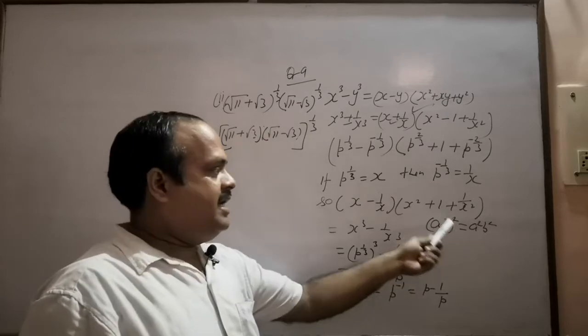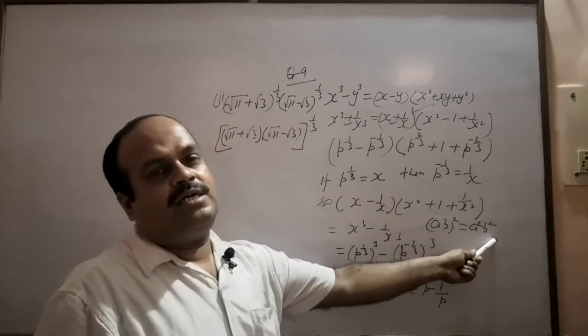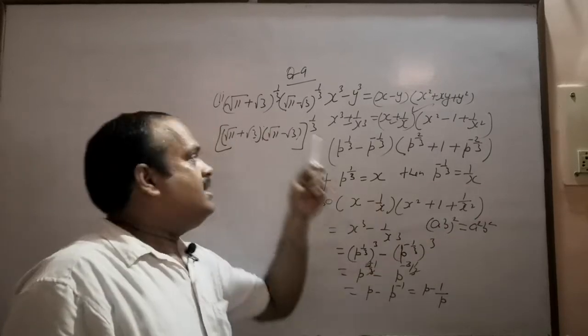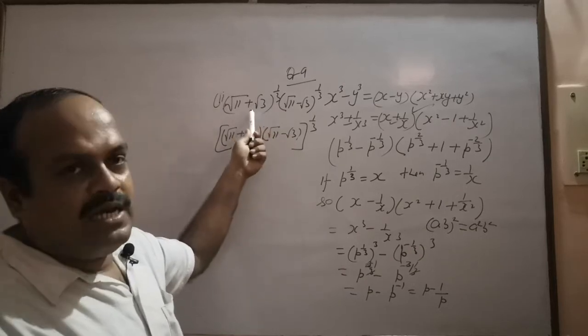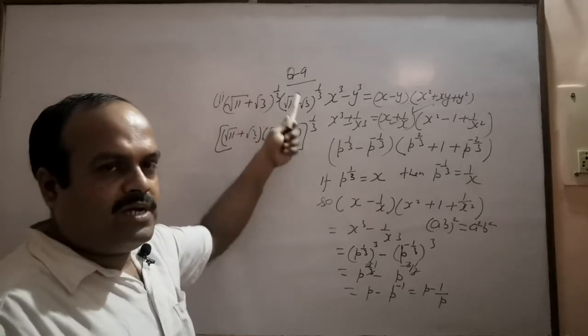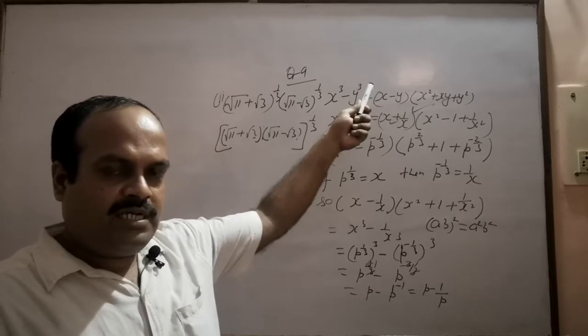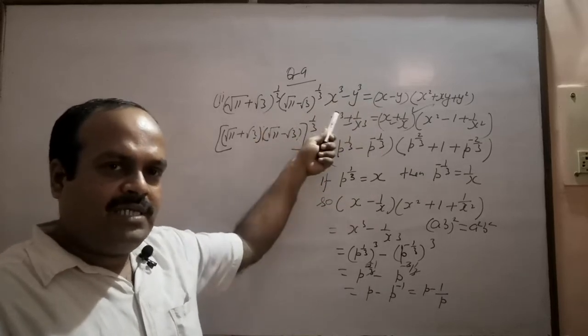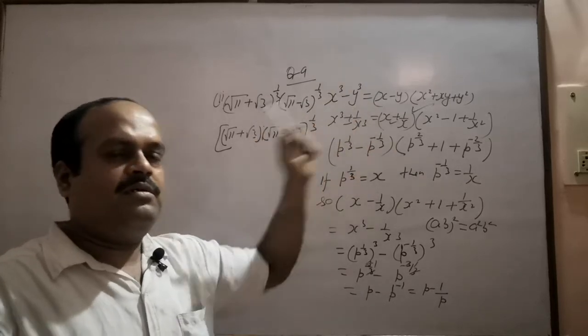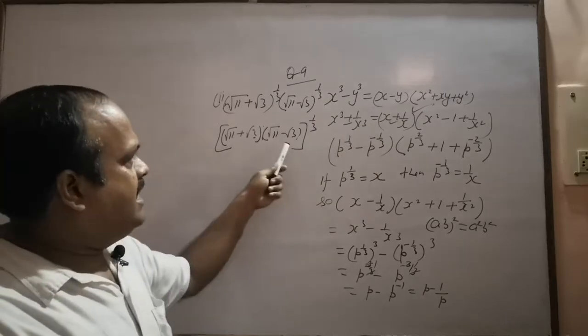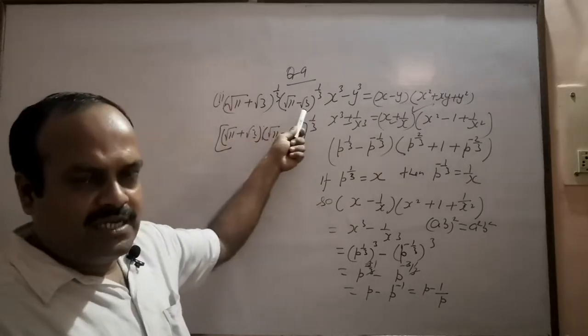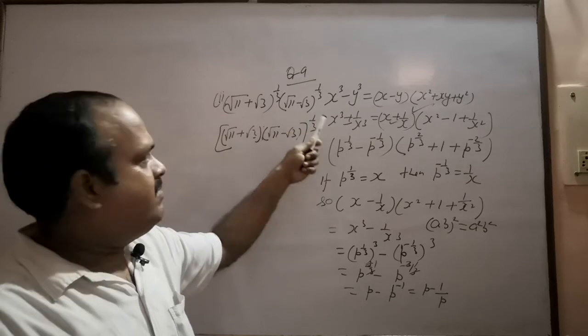So conversely, a square b square can be written as the square of ab. Similarly, if we have this to the power 1 by 3 and this one to the power 1 by 3, first we will multiply the bases and write the power only once, 1 by 3. Same thing I have done.